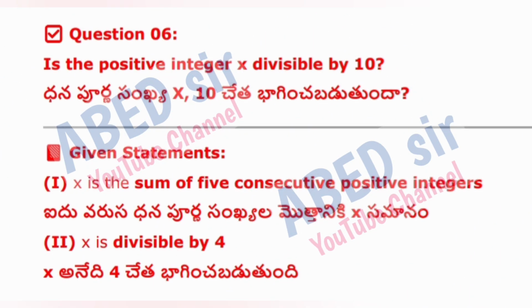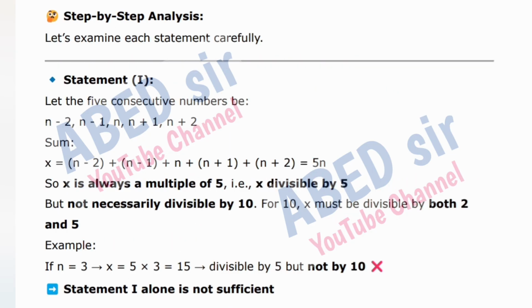Is the positive integer x divisible by 10? Given statements. 1. X is the sum of 5 consecutive positive integers. 2. X is divisible by 4. Step-by-step analysis. Let's examine each statement carefully. Statement 1. Let the 5 consecutive numbers be n minus 2, n minus 1, n, n plus 1, n plus 2.